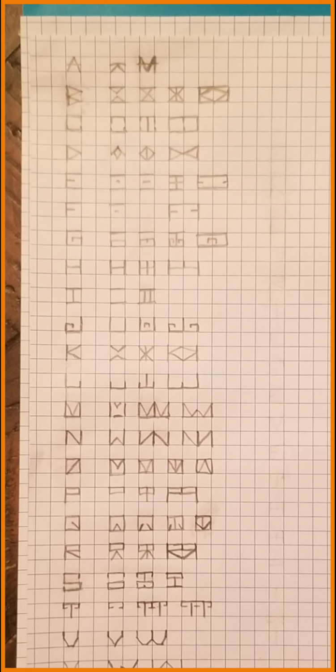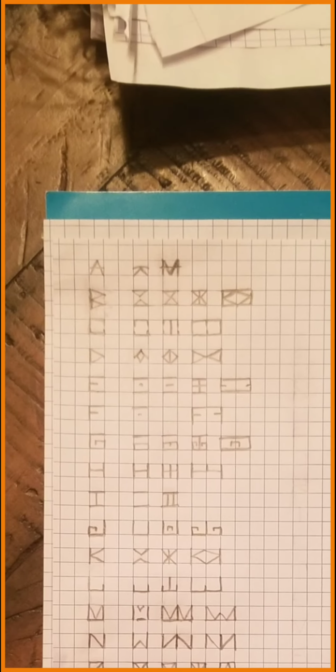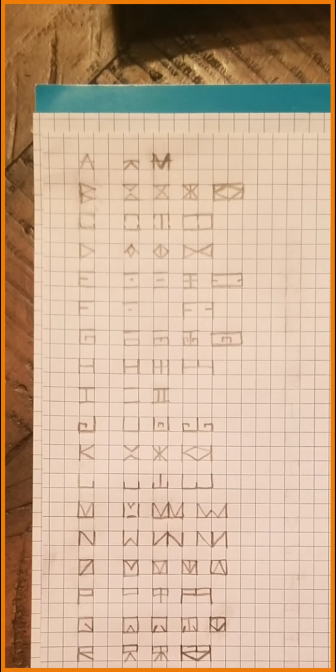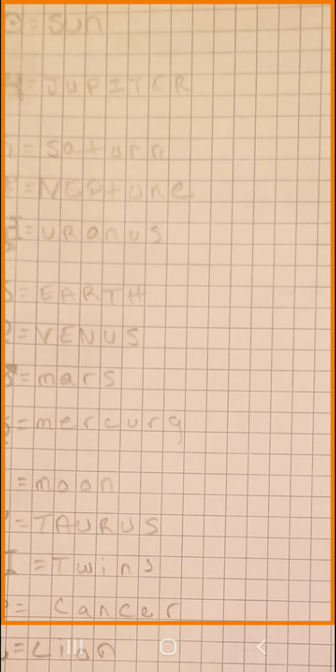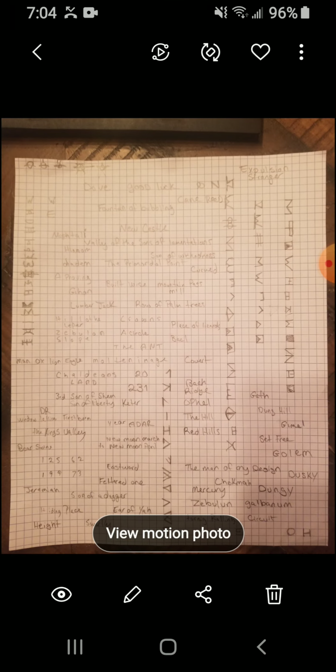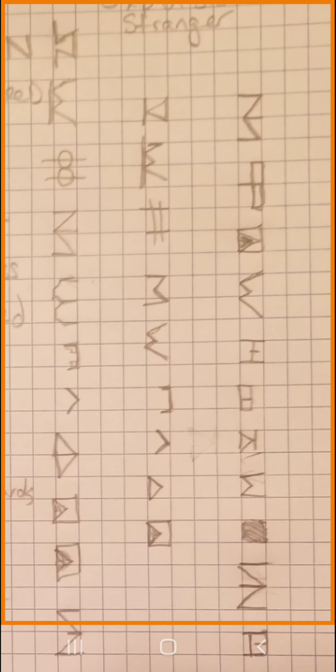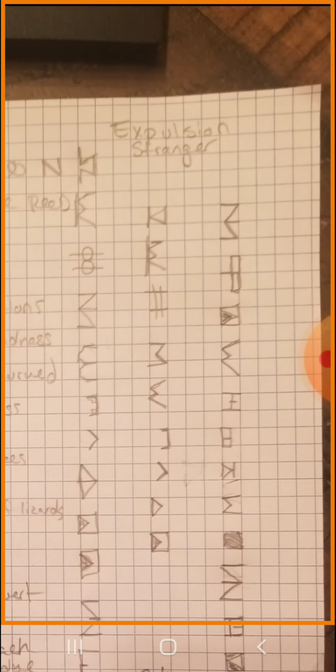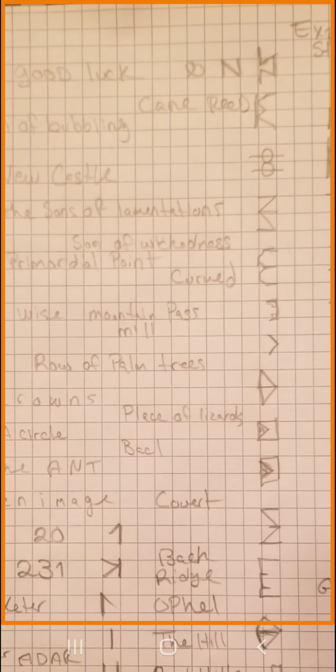Anyways, here's some more of the alphabet. If you make the A a little different, trust me, you're going to get the same symbols, really similar, just a little bit of variation. So you just want to make sure.